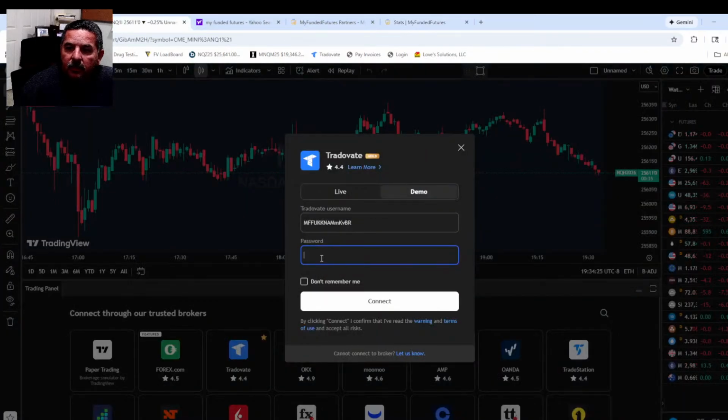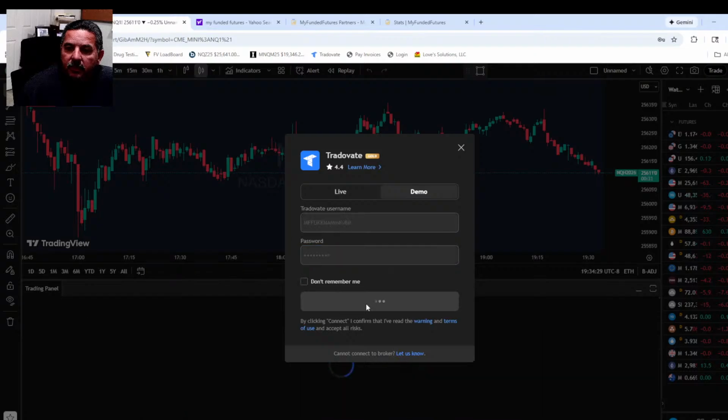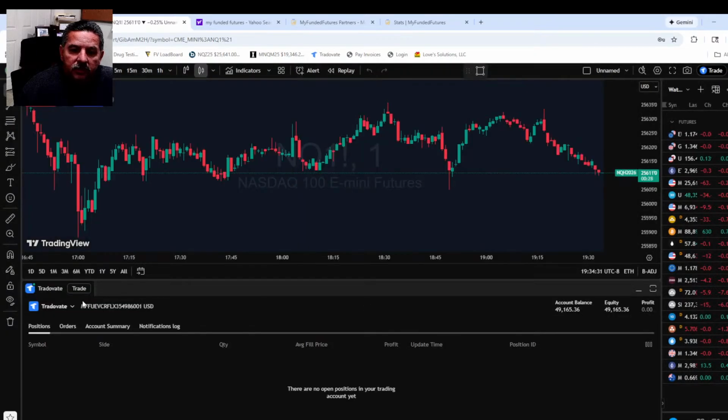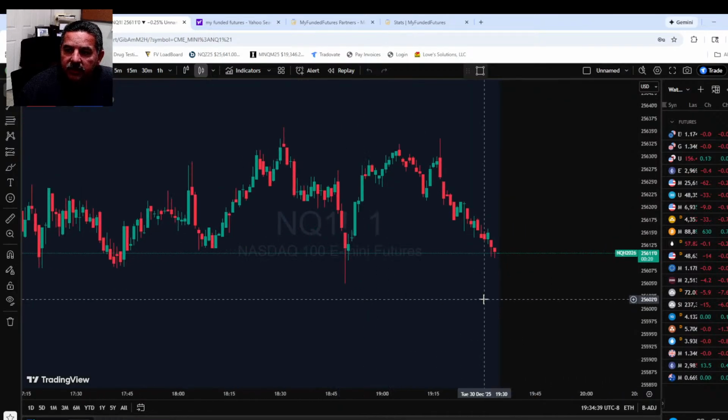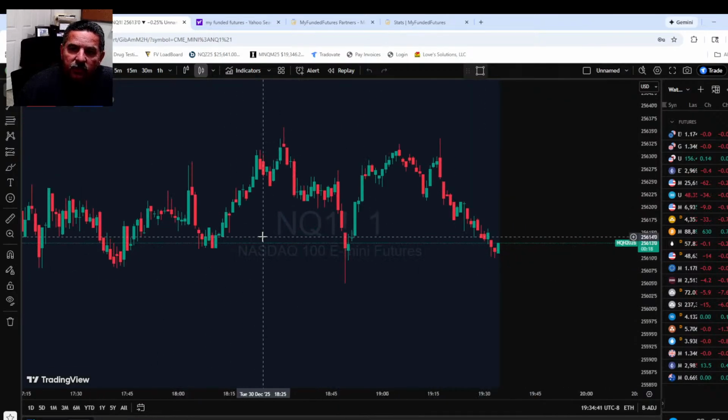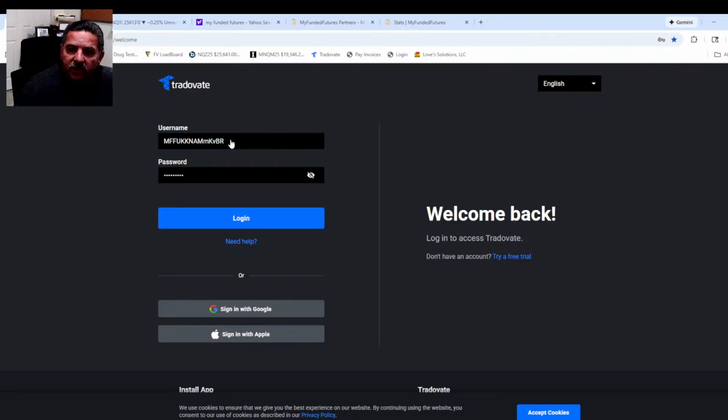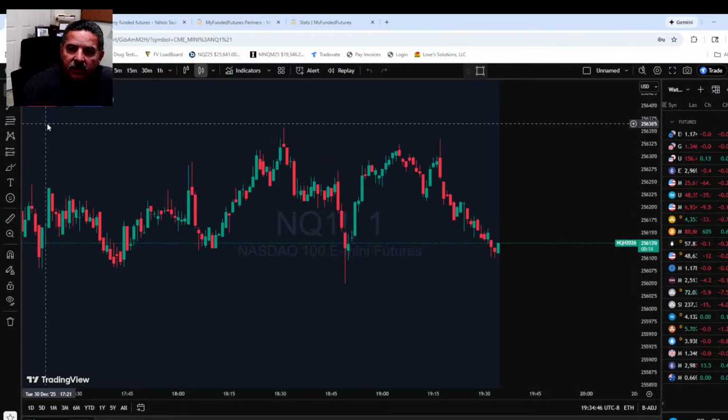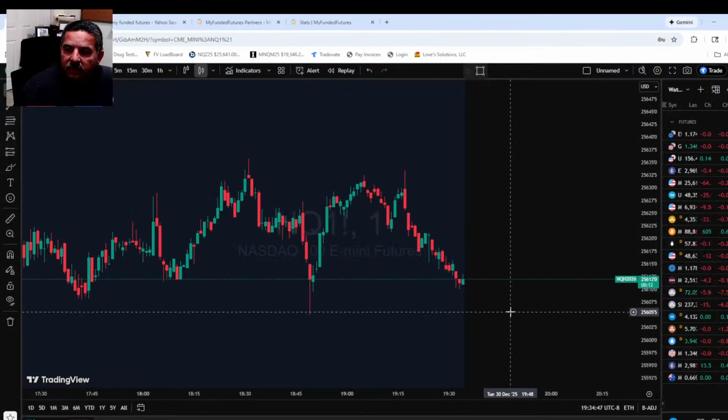And then paste. Okay, so now I'm connected to TradingView. It's the same account, except now I'm trading on TradingView, not Tradovate. I'm out of Tradovate. So I'm here now.